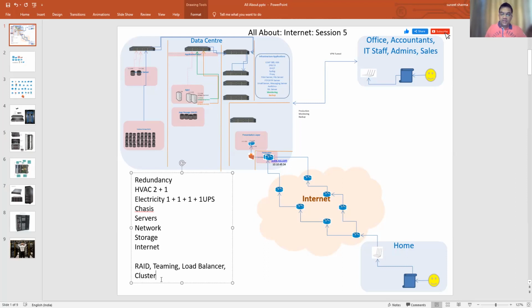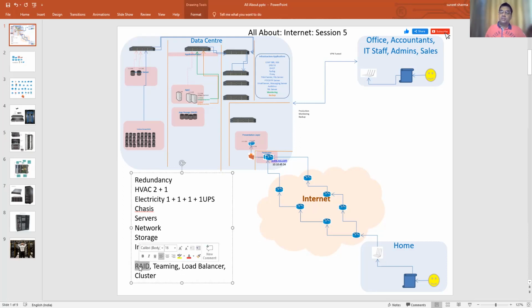Those are the things we have to consider, what can be implemented here. Not the physical systems and the electricity, as their systems are completely different. They have huge switches, failover switches, so that if one device is down, another takes care automatically, within fractions of milliseconds. Now we have to understand what is RAID, what is teaming, what is load balancer, and what is cluster, and where they can be applied.